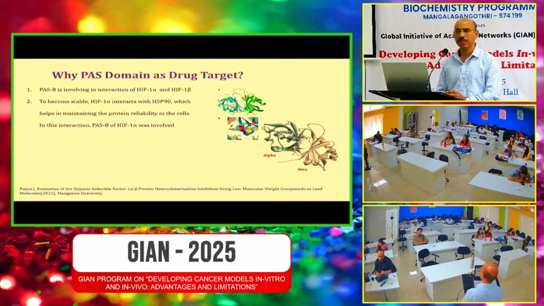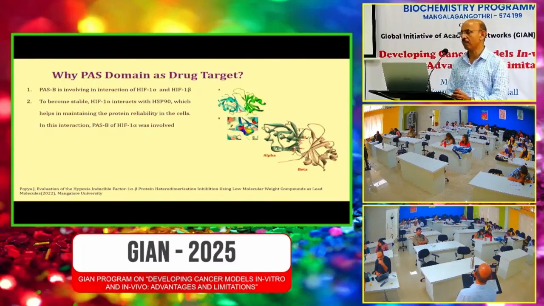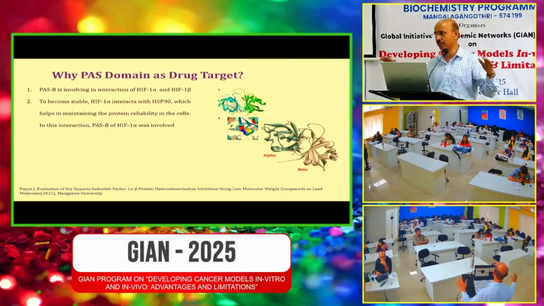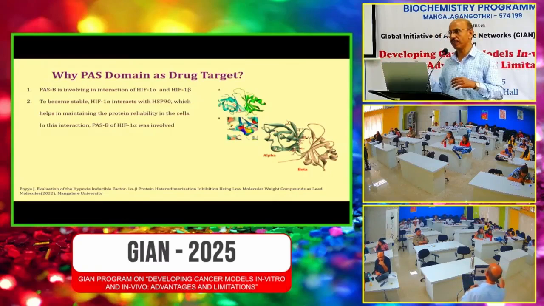And finally, we wanted to target the HIF1 alpha factor. And in HIF1 alpha, as I was telling, it has different domains. So whether I should target this domain or that domain, we had a doubt. So we went to the literature.